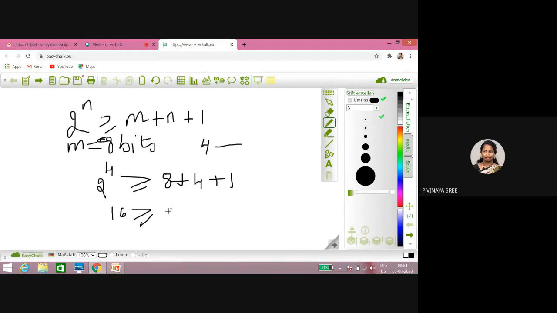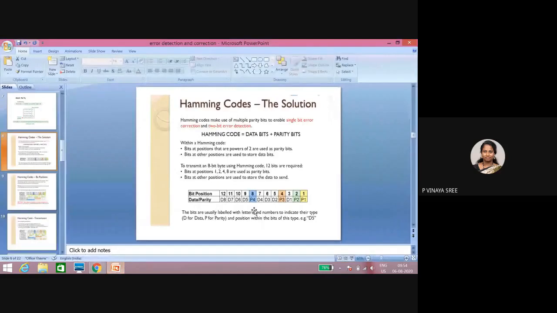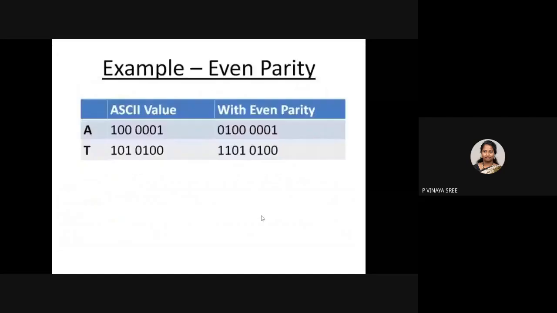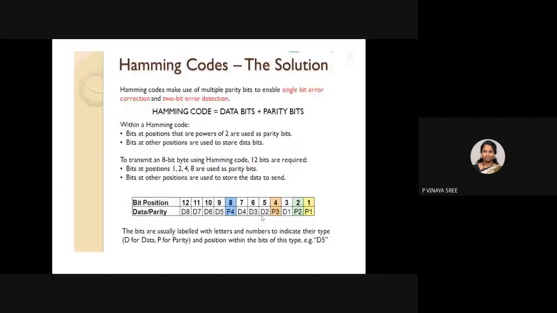Where to place them is based on 2 power 0, 2 power 1, 2 power 2 and 2 power 3. That means at positions 1, 2, 4, 8 we have to place parity bits.